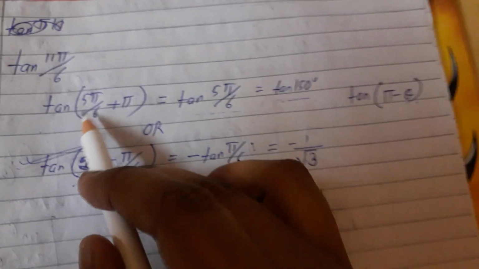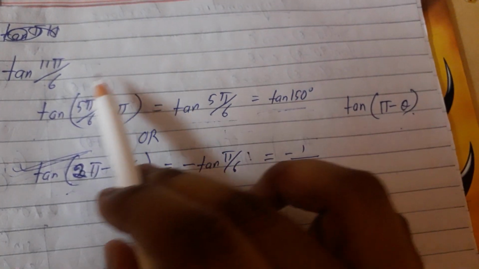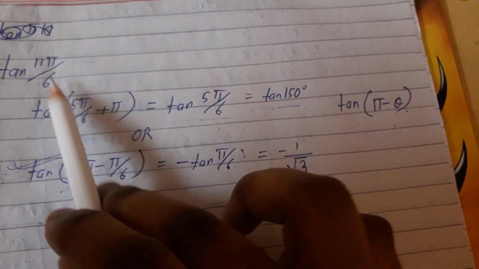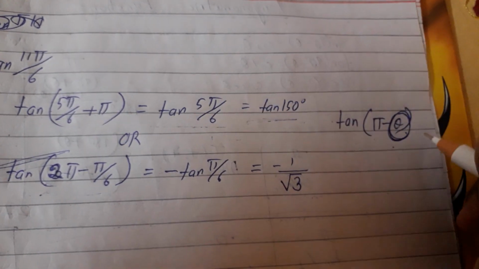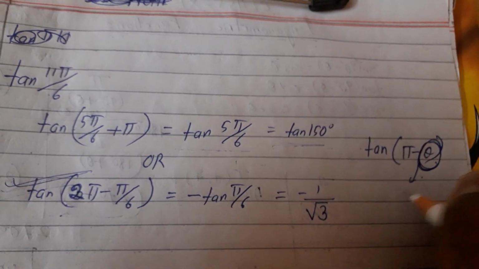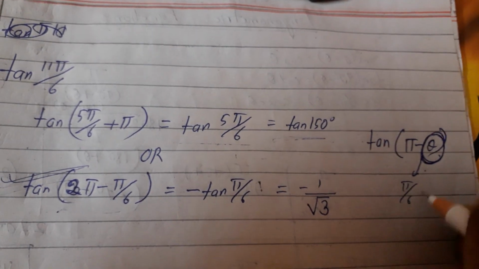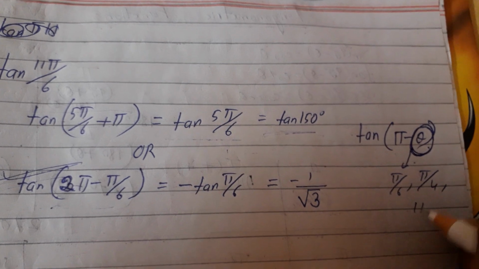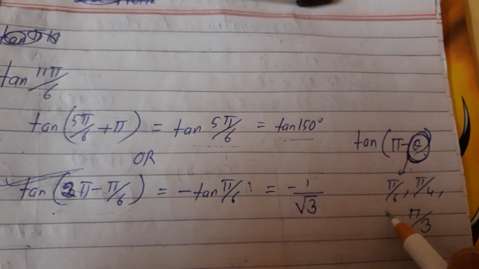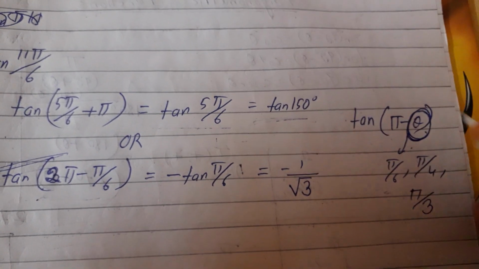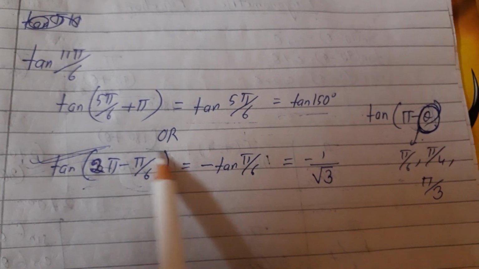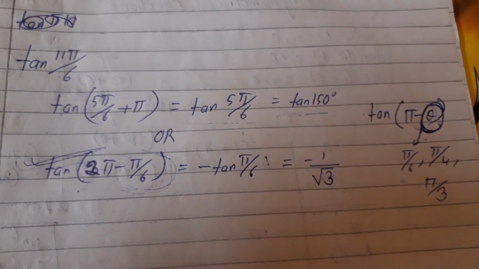In this format you have to write this angle, you have to expand this angle. So in that case theta may be the common angle, that is theta you have to write pi by 6, or it may be pi by 4, or it may be pi by 3. Okay, 45 degree, 60 degree, 30 degree, the known angles you have to write in the place of theta. See, I have written here pi by 6. In this way you have to solve.